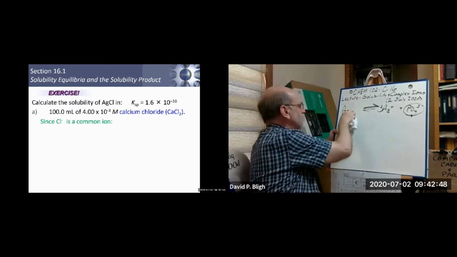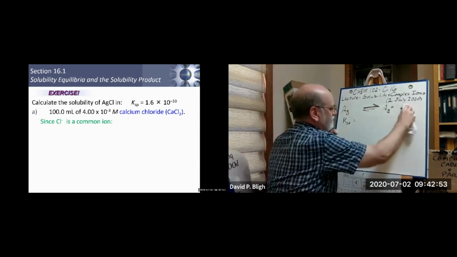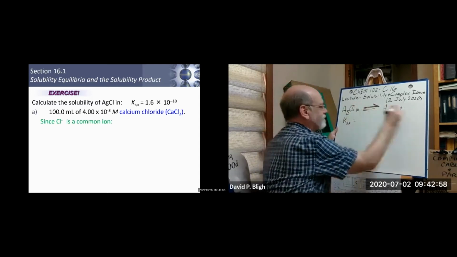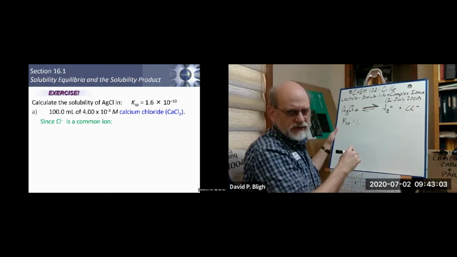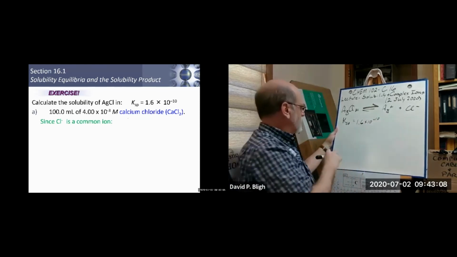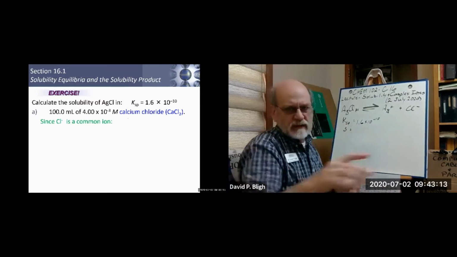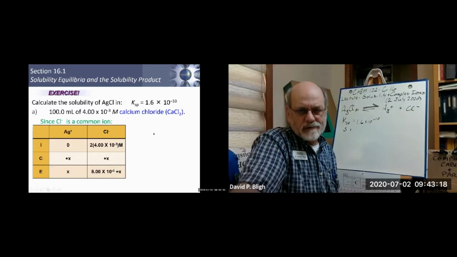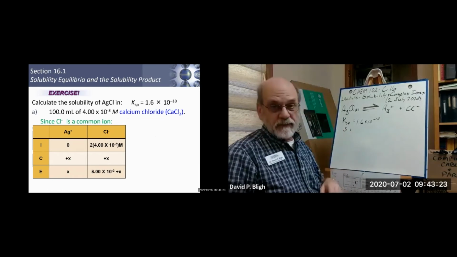All right, so we're going back to silver chloride now. And this Ksp is 1.6 times 10 to the minus 10. We're going to calculate what the solubility is.